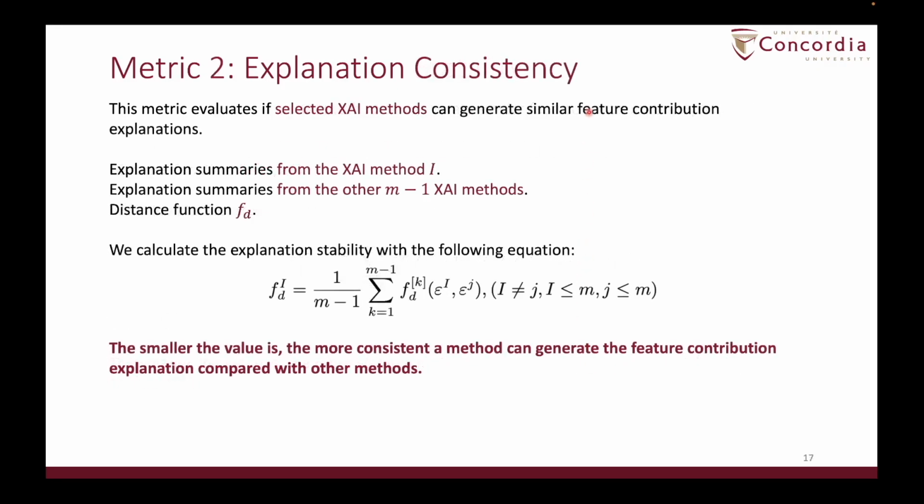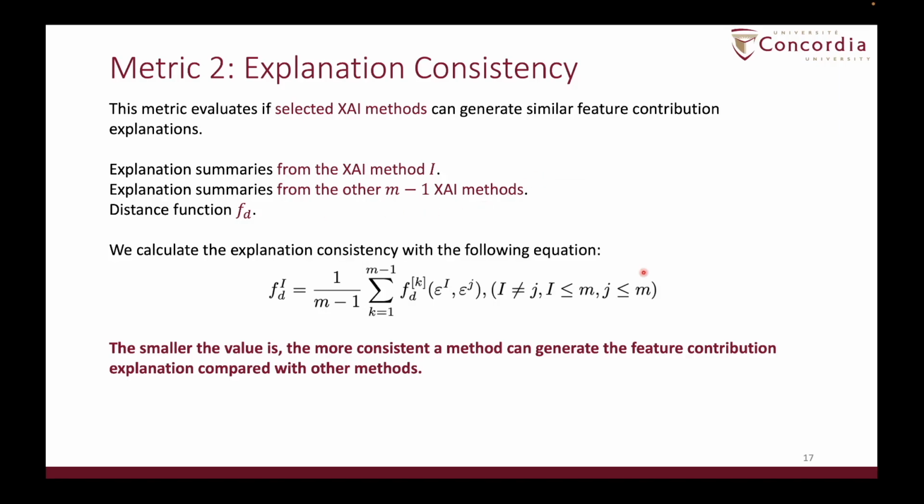The second metric is called explanation consistency. This metric evaluates if the selected method can generate similar explanations. Suppose we have explanation summaries from the XAI method I and also explanation summaries from the other n-1 XAI methods, and also the distance function.